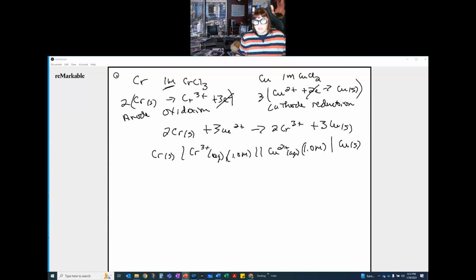And remember, we talked about reduction, oxidation, and reducing agents. So if this is my oxidation, this is my reducing agent. Don't forget it. This is my oxidizing agent. So all of those are things that we can still talk about.